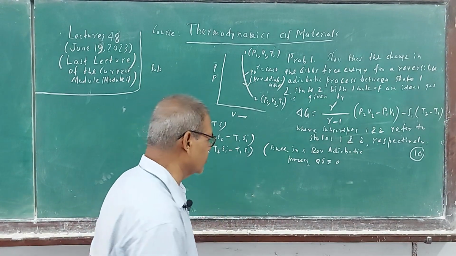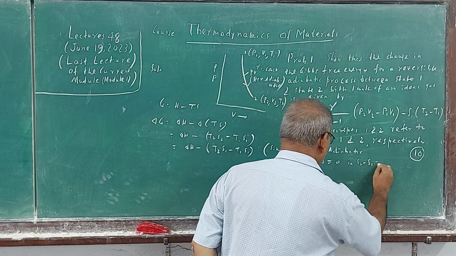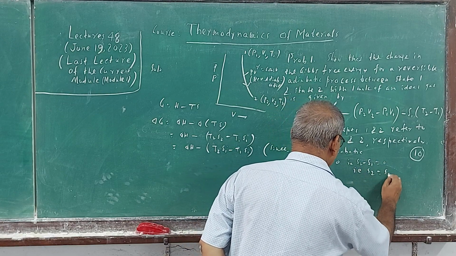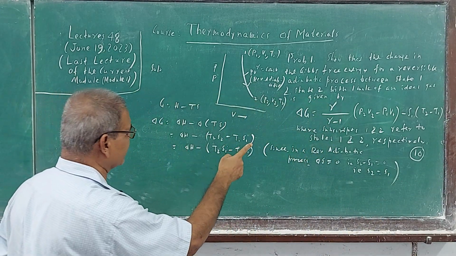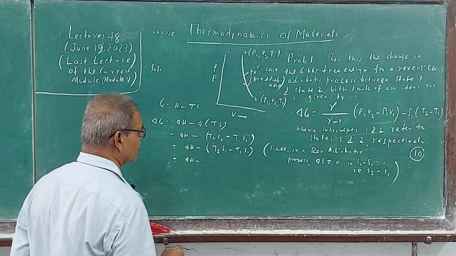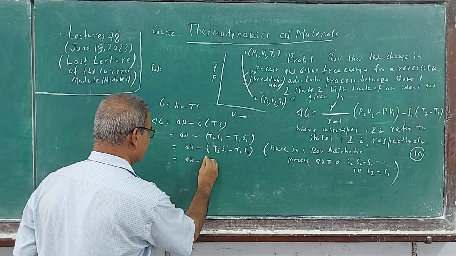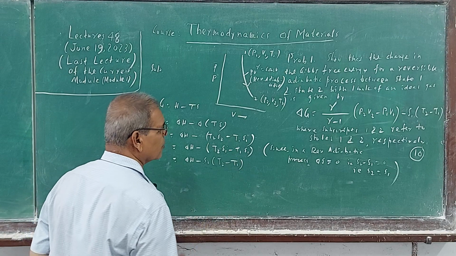You just say S2 minus S1 is 0, that is S2 is S1. So the moment, can I tidy up this? Tidy it up for your satisfaction. Plus T1 S1, so minus, take S1 outside, T2 minus T1. Great job.